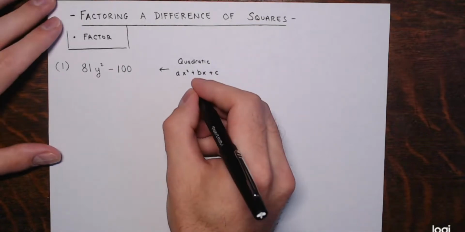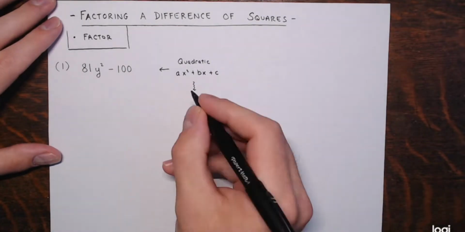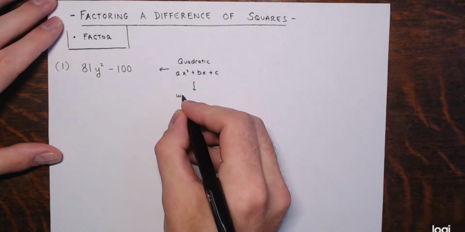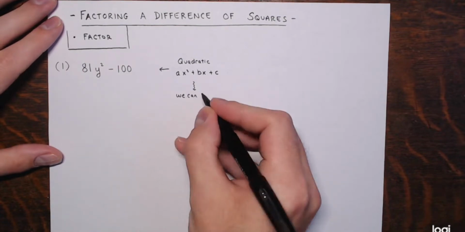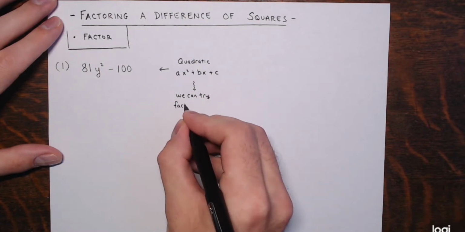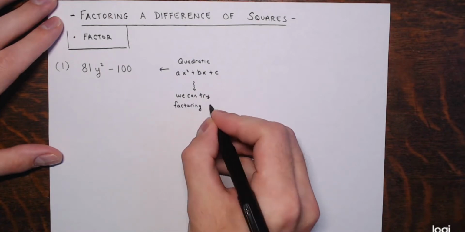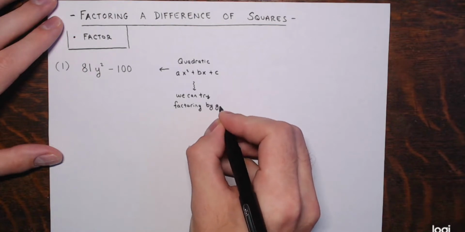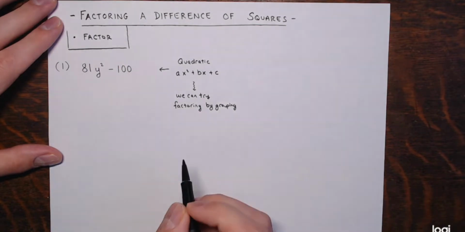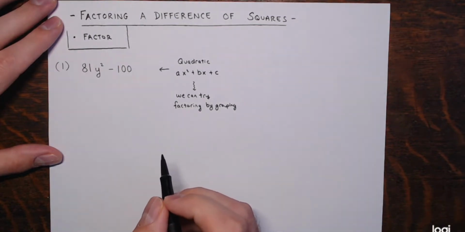So that means we can try to factor it with that grouping method, or the AC method, whatever you've heard it called. In this particular text, it's the grouping method.